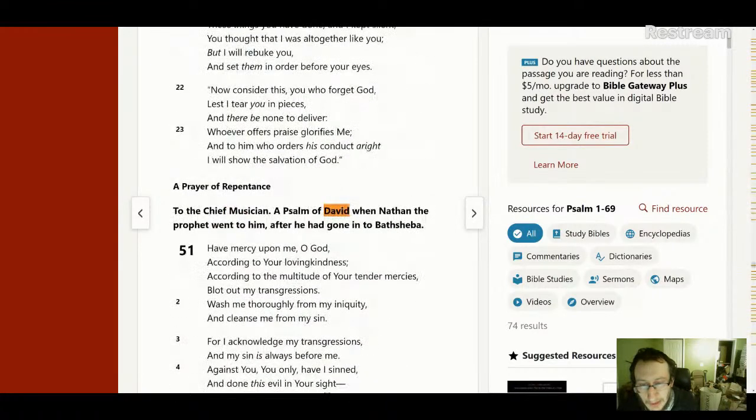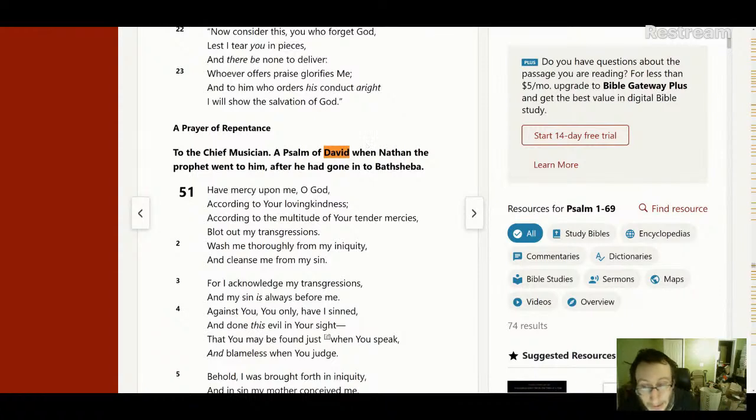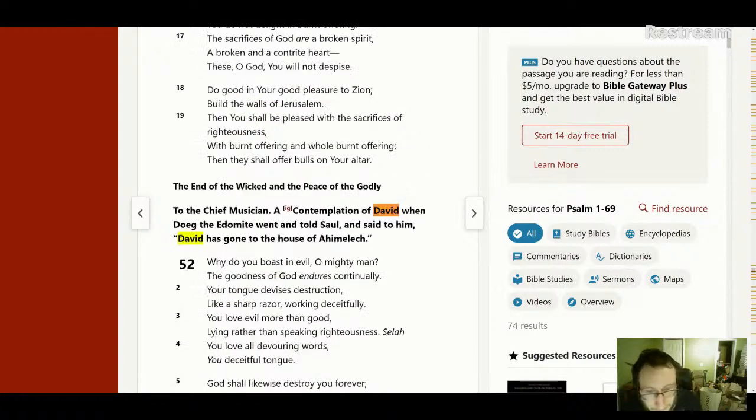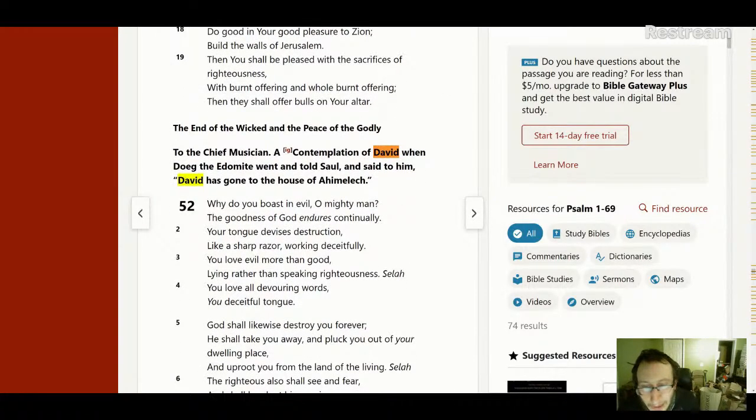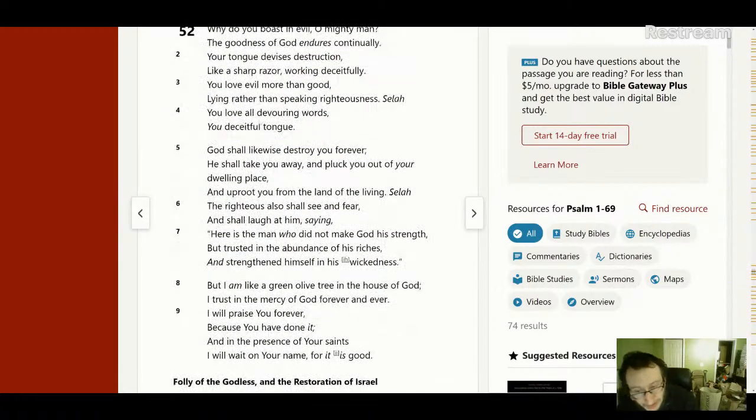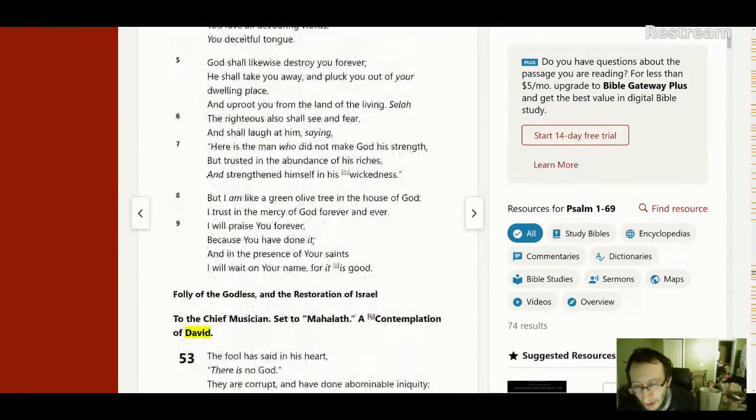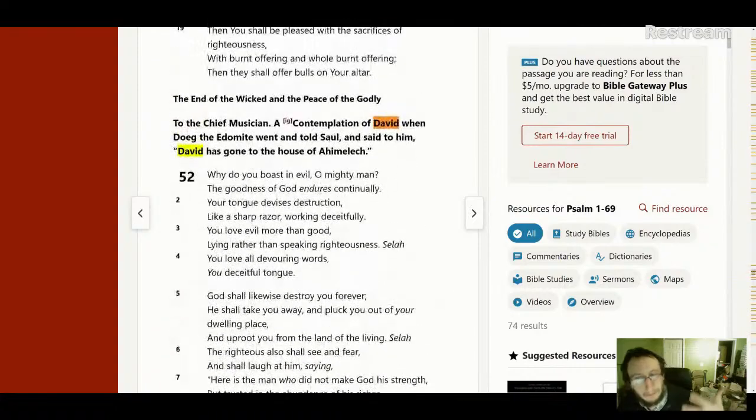Okay, now let's keep going. Psalm of David when Nathan the prophet went to him after he had gone into Bathsheba. So we know that would have been from the book of Nathan the prophet. Okay, David when Doeg the Edomite went and told Saul and said to him, David has gone to the house of Ahimelech. So this psalm would have been from the book of Samuel the Seer.